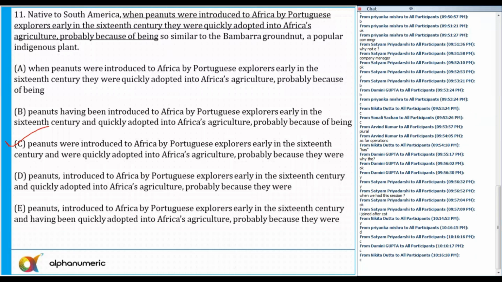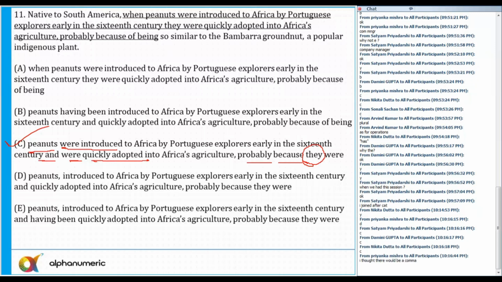What is native to South America? Peanuts. Two things happened to peanuts: peanuts were introduced and were quickly adopted into Africa's culture. Why were they adopted? Probably because they, who are they? The peanuts.